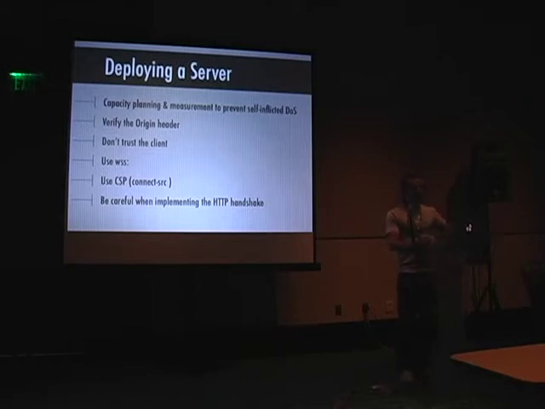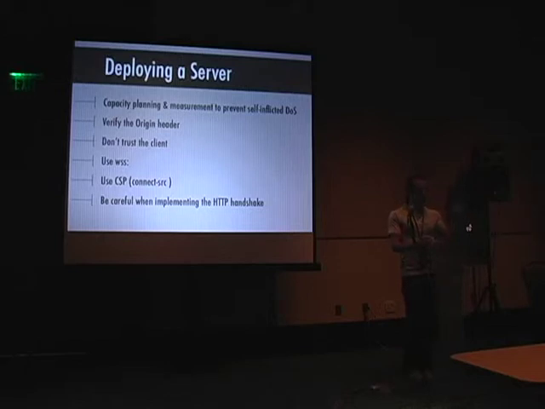But with CSP connect-src, you could tell the legit client that you are not going to connect to anything else but this. And as with all the other CSP directives, it helps to mitigate a few of the problems.